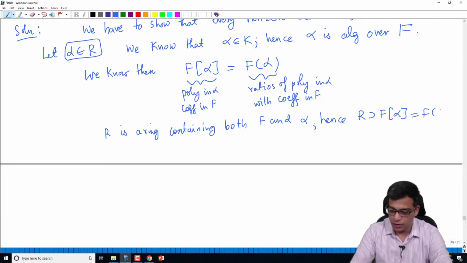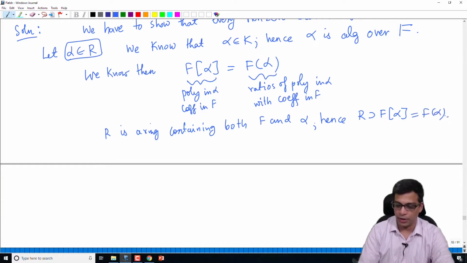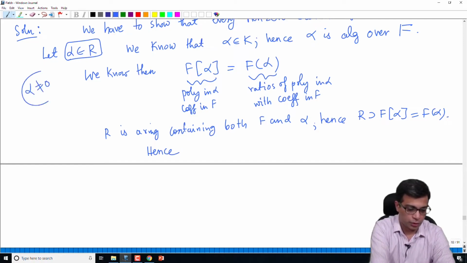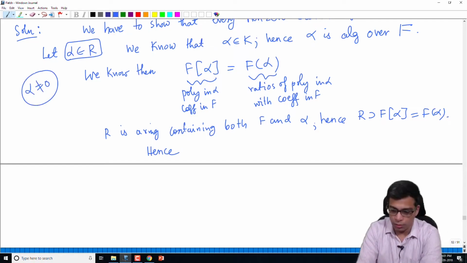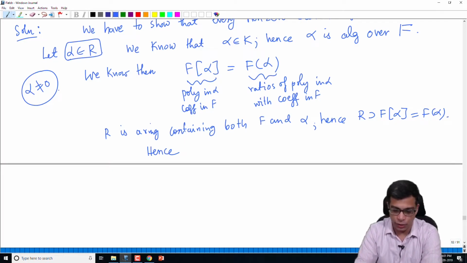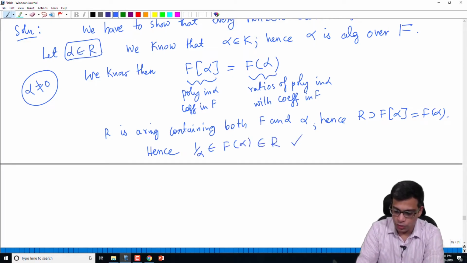But that, as we just observed, is the same as F[alpha]. Hence, of course, here I should take alpha to be non-zero, because if it's already in F, there is nothing to do. So we might as well assume that alpha is not in F. And hence 1 by alpha, which is in F(alpha), is in R. Okay, so R is a field.